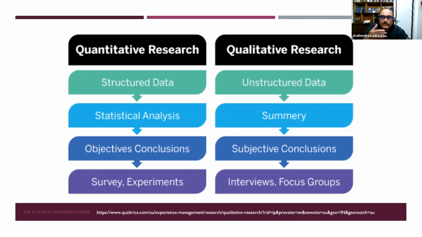But when we talk to any scientist, in engineering and science, we had better be quantitative. Now, when we deal with qualitative research, first of all, you see on the right hand side, the data is unstructured. It may be a picture, it may be sound, or it may be a simple language statement. Summary, some summary statement, subjective conclusion.